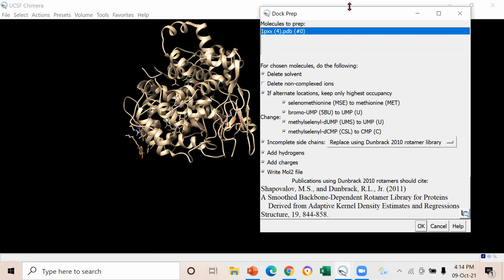So here it has, say, four monomers. COX2 is a very big size, so I removed all of them. I just kept chain A, as you saw. So you can do all these. That's the preparation of the docking structure.